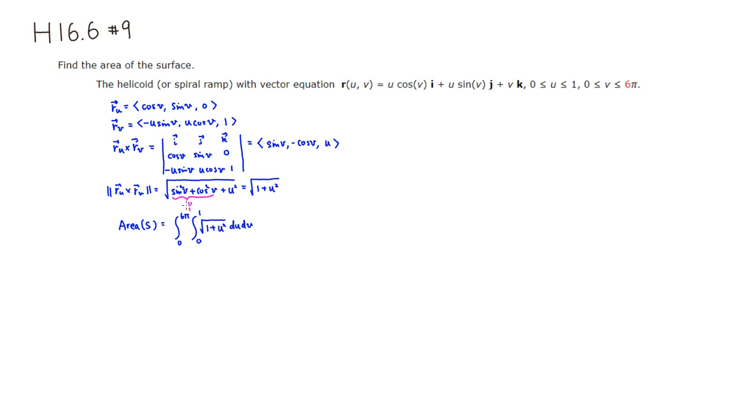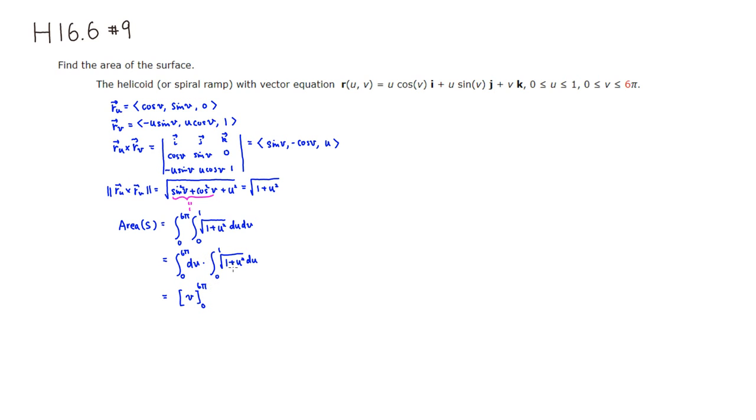This is separable, so I'm going to separate it: the integral from 0 to 1 of the square root of 1 plus u squared du, multiplied by the antiderivative of 1 with respect to v, which would be v, going from 0 to 6 pi.